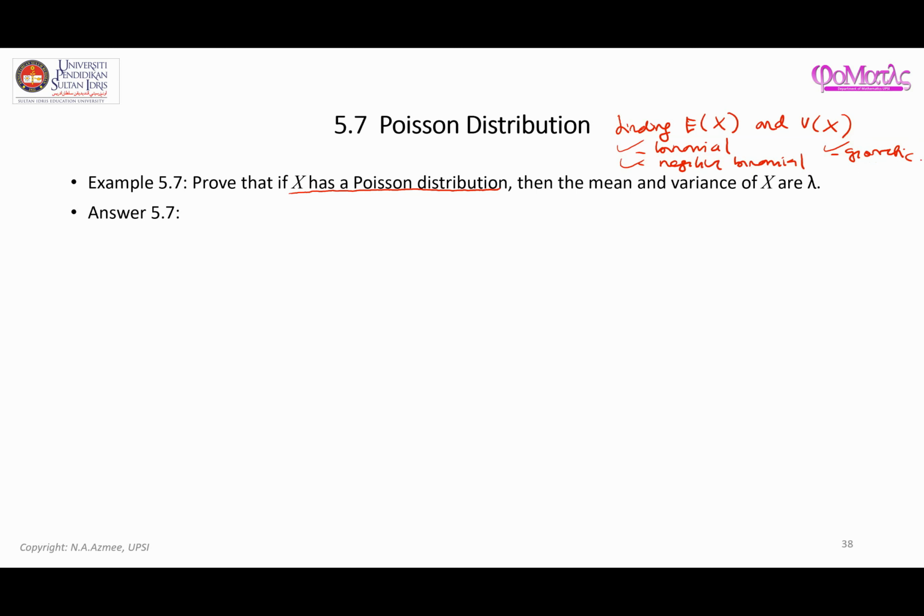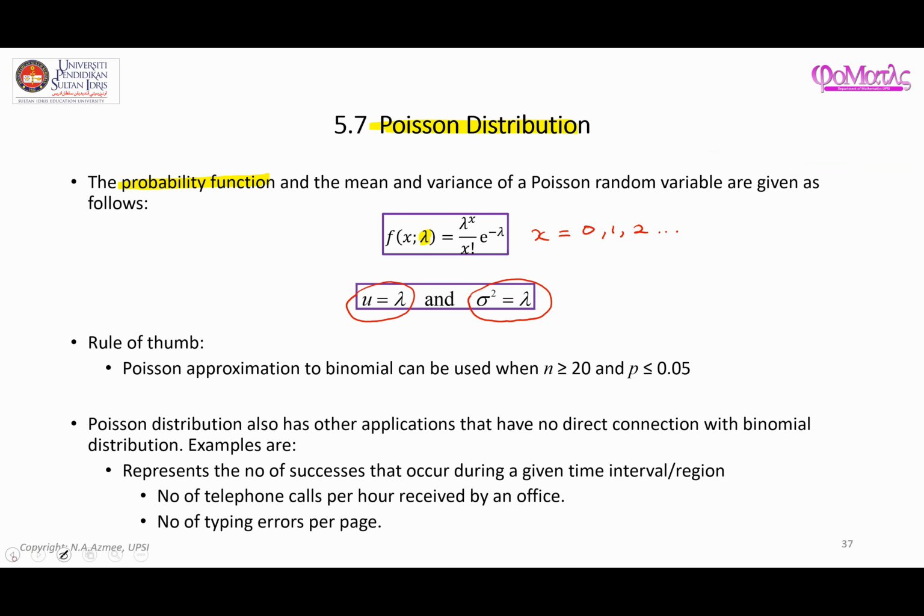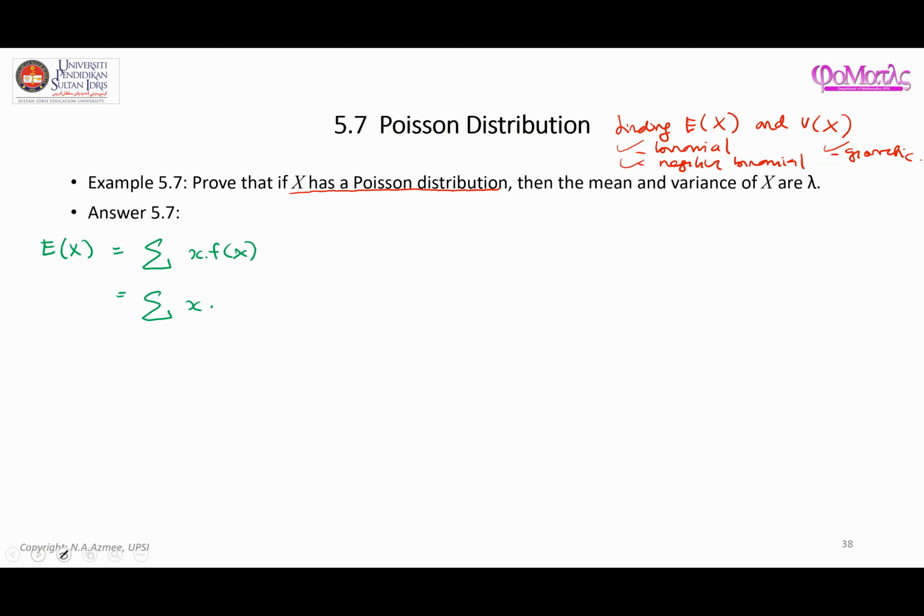Without further ado, let's continue with finding the expected value of x, which is just the summation of x times f(x). Let me write that down first. f(x) is this guy right here, so we have lambda to the power of x over x factorial, times e to the negative lambda, and x here begins from 0 until n.